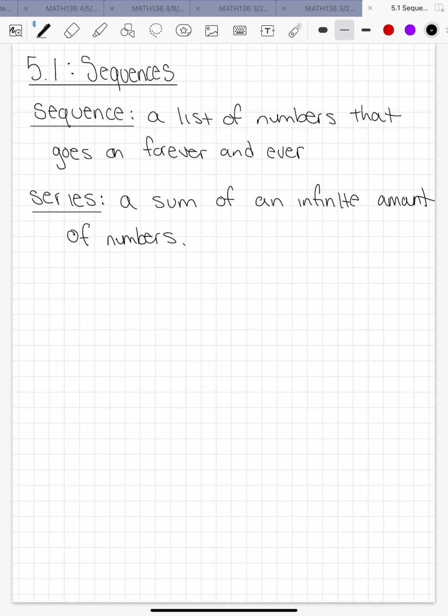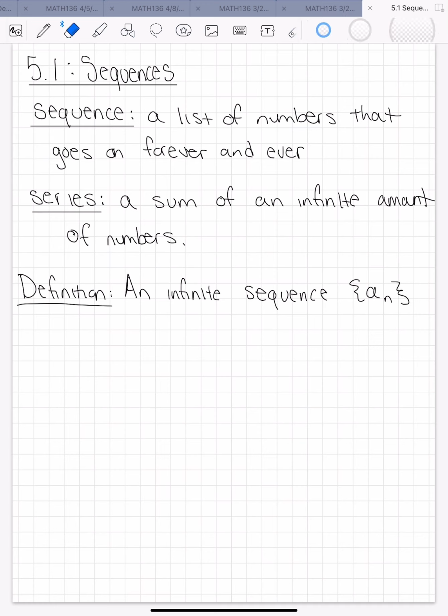Alright, so let's formally introduce a sequence. For the definition, an infinite sequence {a_n}, and this is the notation that we use, curly braces a with a subscript n, is an ordered list of numbers.